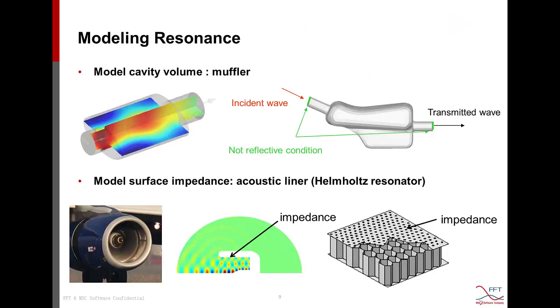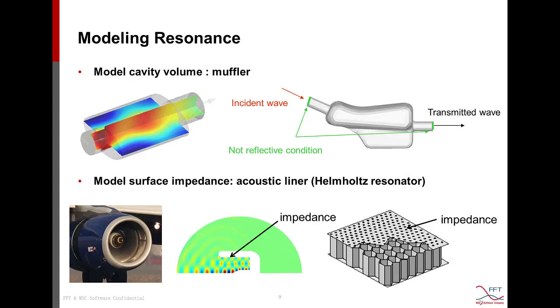Okay, now the last phenomenon that we mentioned is the resonance mechanism. So resonance mechanisms are usually employed in muffler design. So to model an acoustic muffler in Actran, we simply build a volume mesh that represents the shape of the muffler.